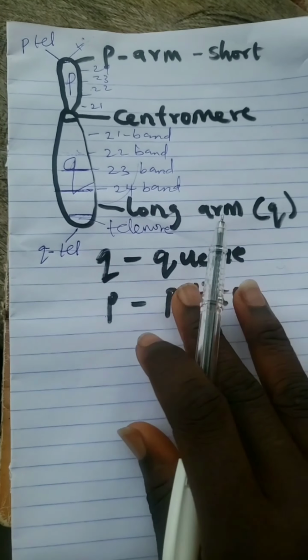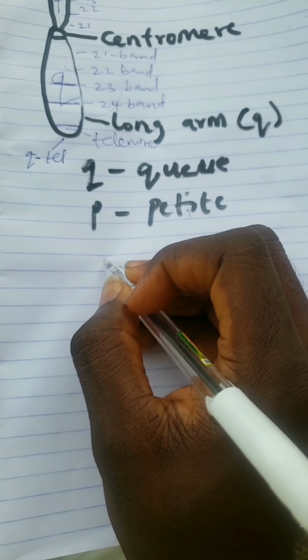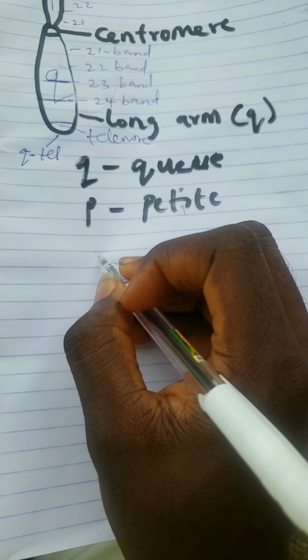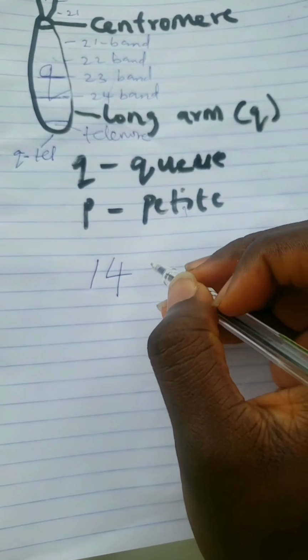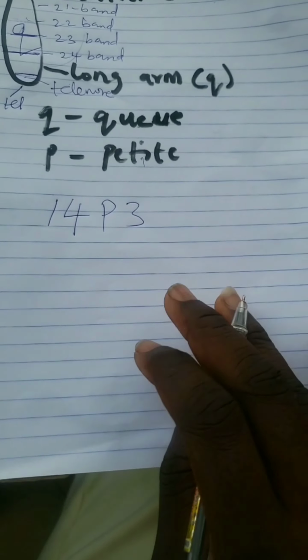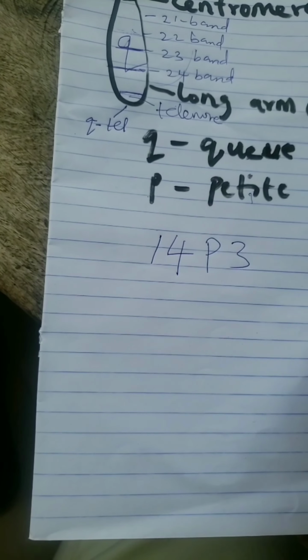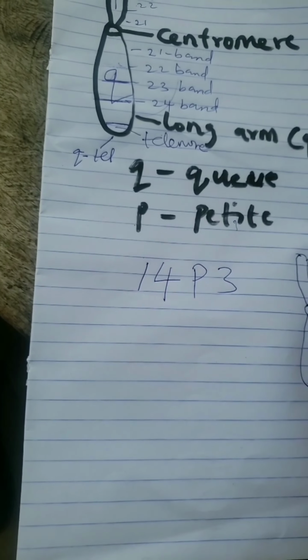Now, if I want to name something like 14p3, I'm going to give a sketch of a typical chromatid.